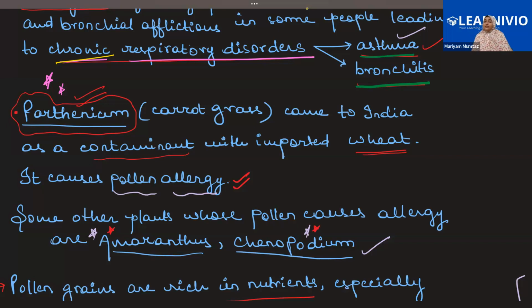Now, you know that wheat was imported to India. It came from another country. So, once the wheat was imported, along with that, the Parthenium plant also came to India, mixed with the wheat plant. And no one knew that it was a contaminant, meaning it was something undesirable.